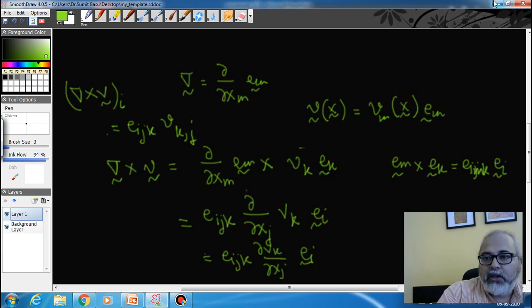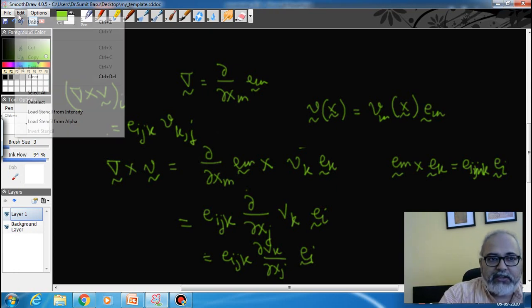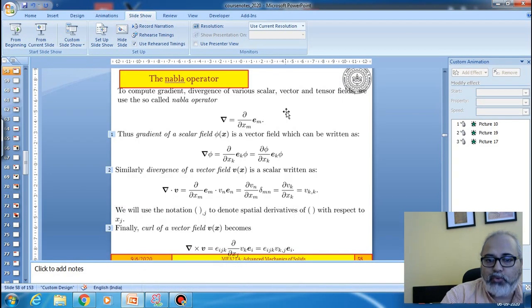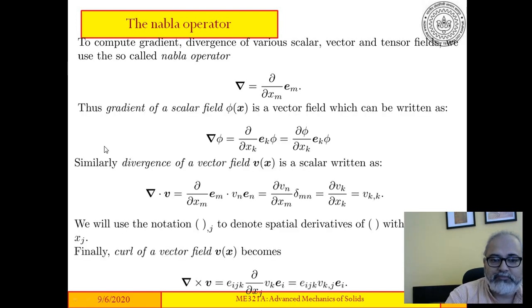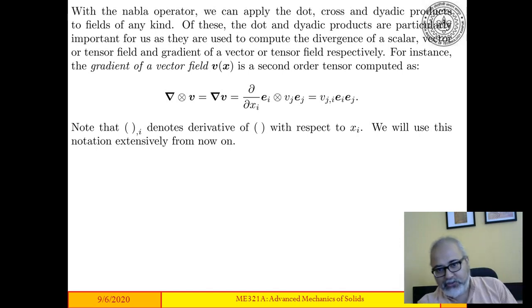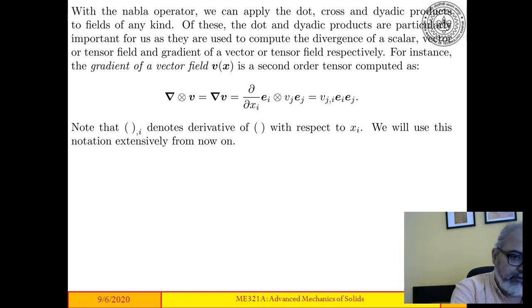Okay, we can carry on like this, and we do need to carry on like this for some more complicated cases. So now let us look at the gradient of a vector field. This is something that you have not done before.